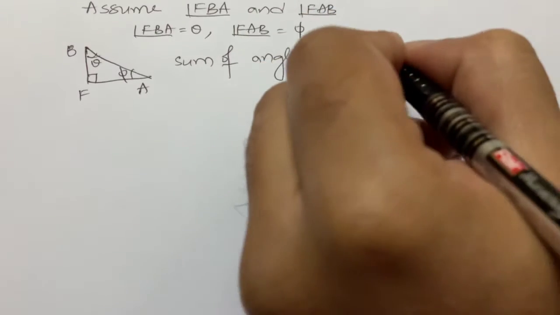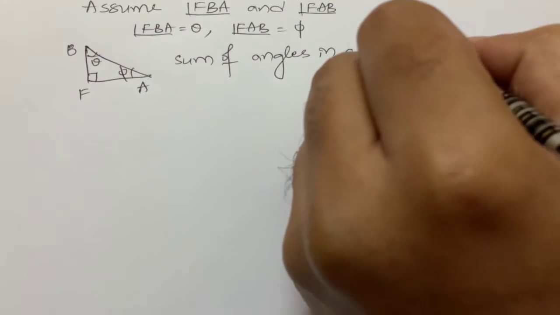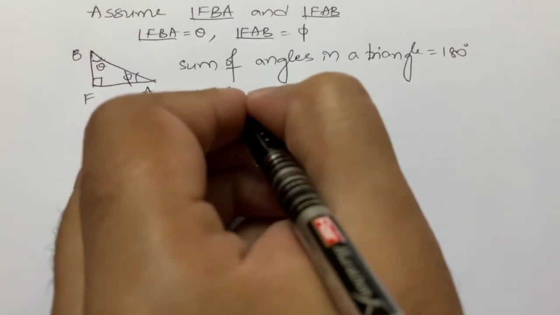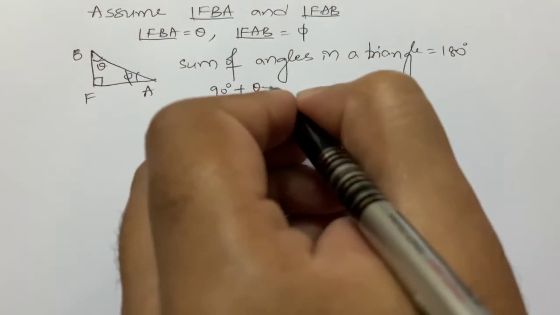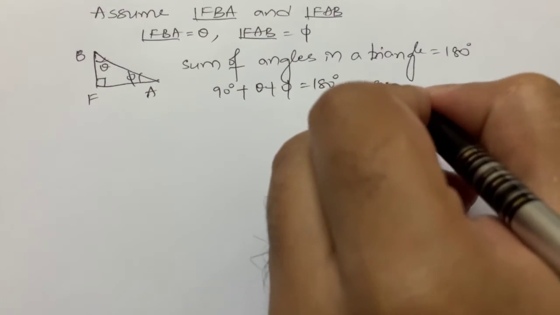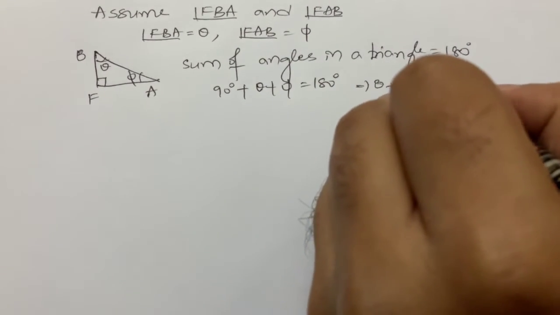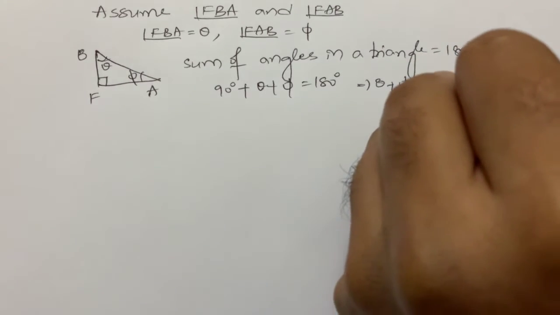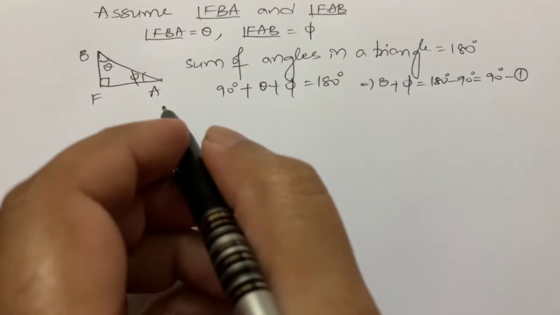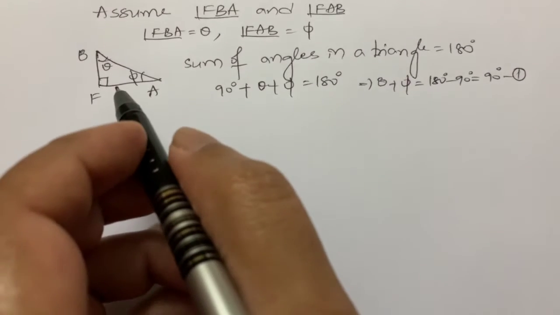We have one right angle, which is 90. So, theta plus phi is equal to 180 degrees minus 90 degrees, which is 90 degrees. So, this is relation 1.